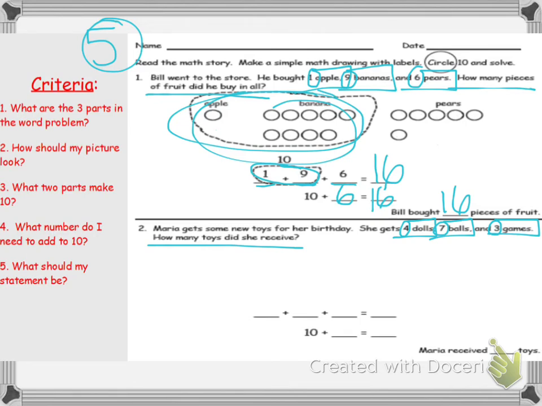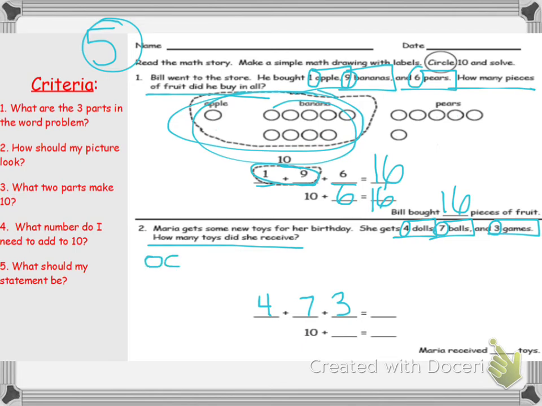All right, guys, so now, what are the 3 parts that are in the word problem? 4, 7, and 3. Let's write that in our number sentence. What should my picture look like? What should we draw? I want you to draw what the picture should look like. Don't wait for me. I want you to do it first. So you can pause it and draw your picture.